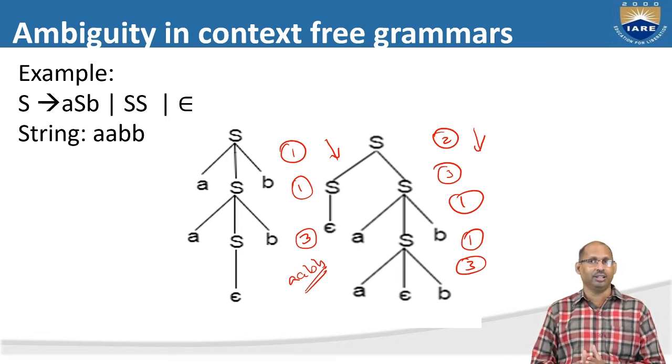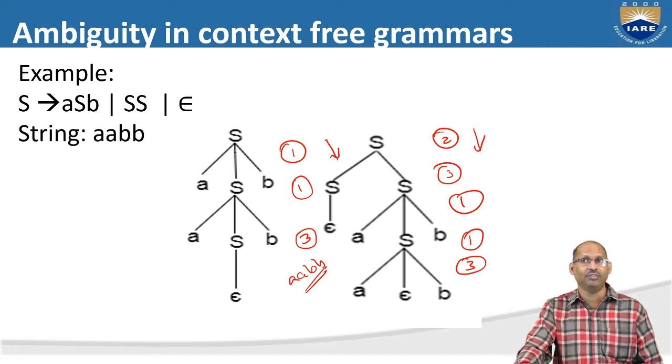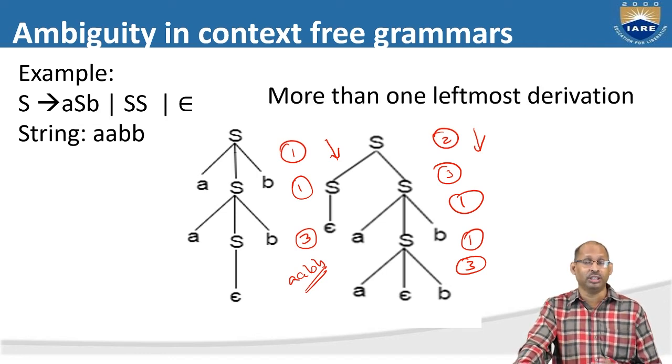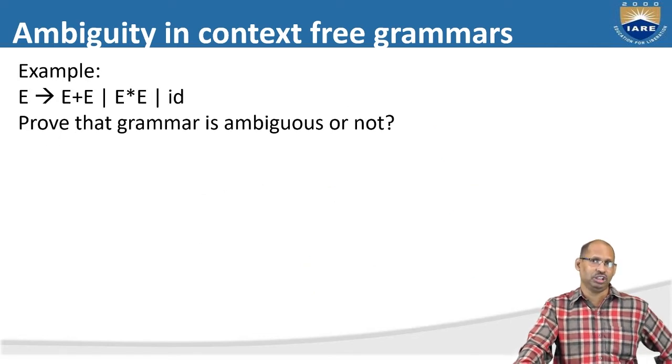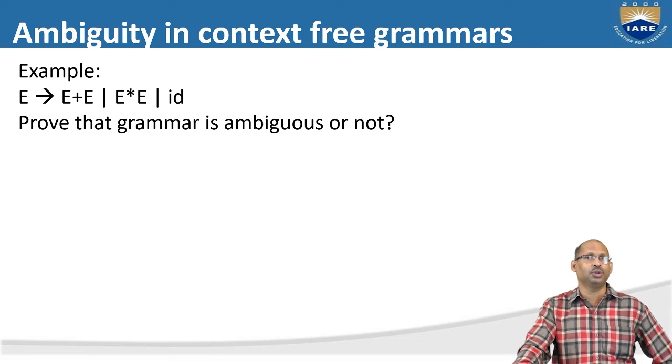For any given string, there must be only one derivation tree. If it has more than one leftmost derivation, then we can say the grammar is ambiguous. Now we'll see one more example. Now we have to show whether it is ambiguous or not.